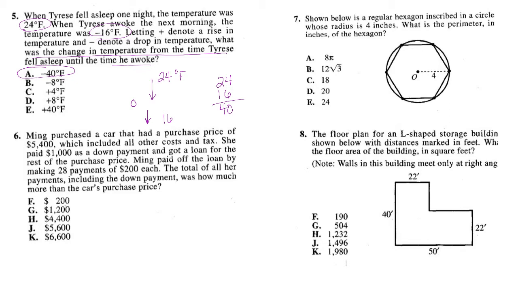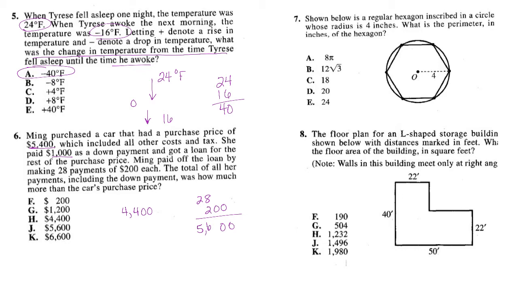Ming purchased a car that had a purchase price of $5,400, which included all other costs and tax. She paid $1,000 down, so she has this much left, right? And got a loan for the rest of the purchase price. Ming paid off the loan by making 28 payments of $200. So 28 payments of $200, that's going to be $5,600.